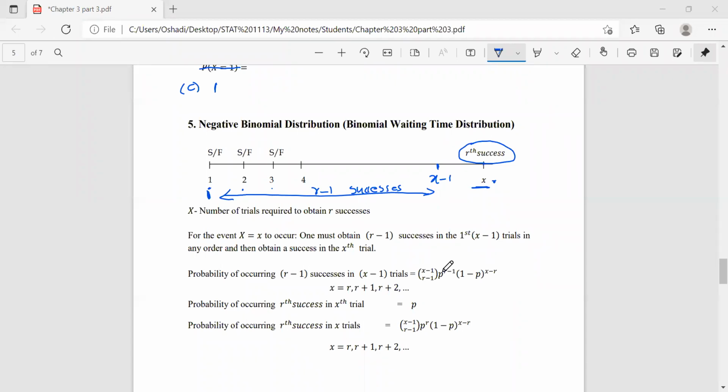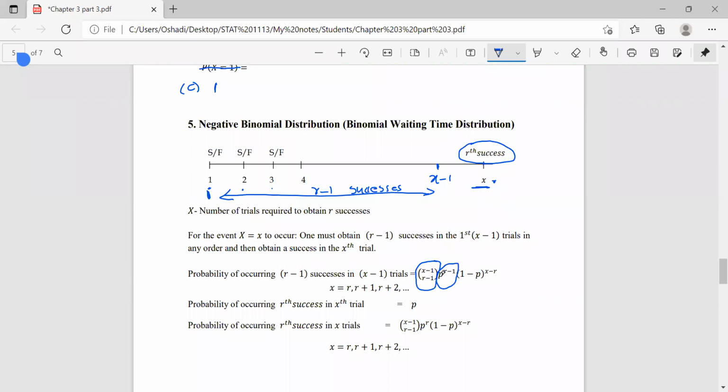So the number of ways we can obtain r minus 1 successes out of x minus 1 is given by x minus 1 c r minus 1, and within that x minus 1 trials there are r minus 1 successes, so it is p to the power r minus 1.